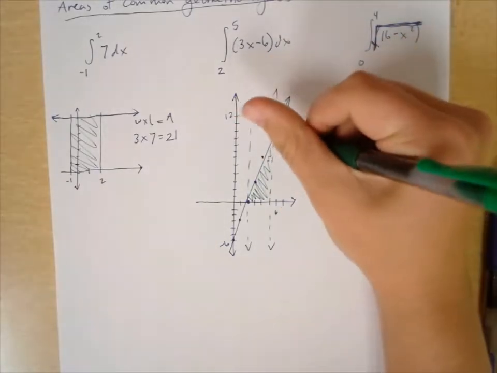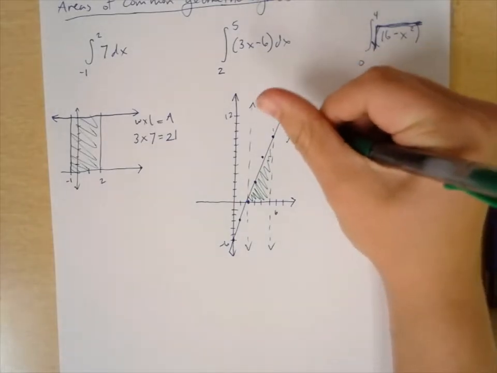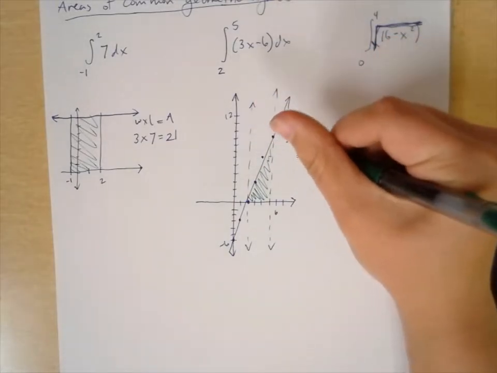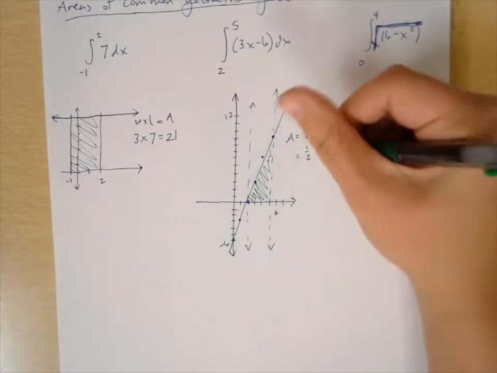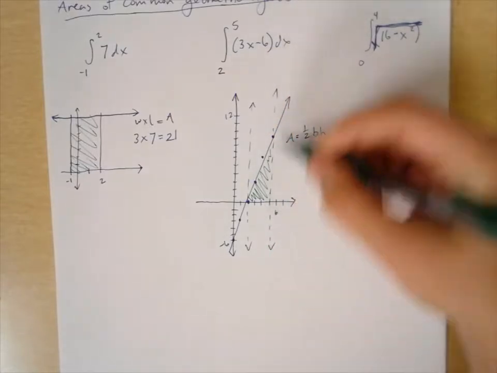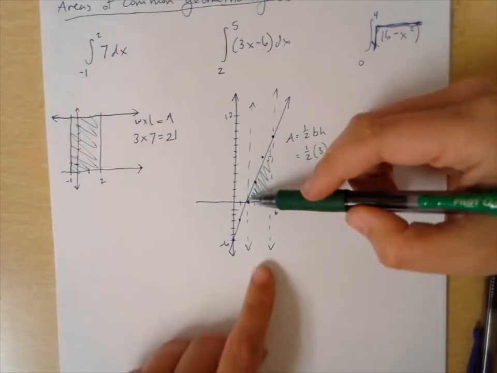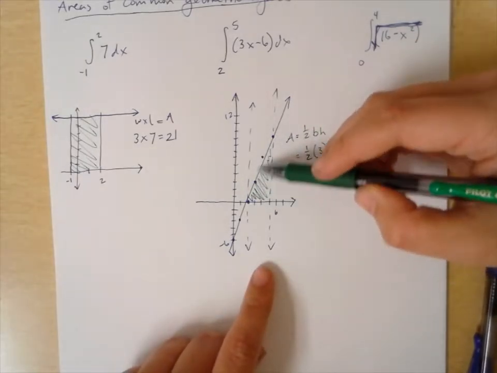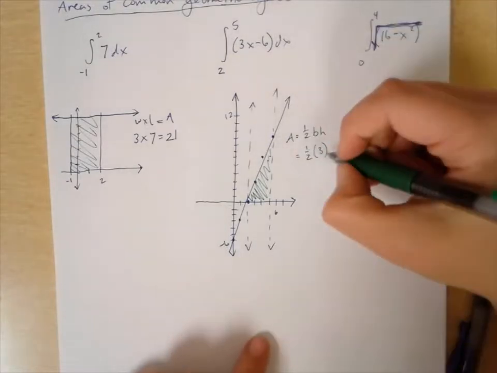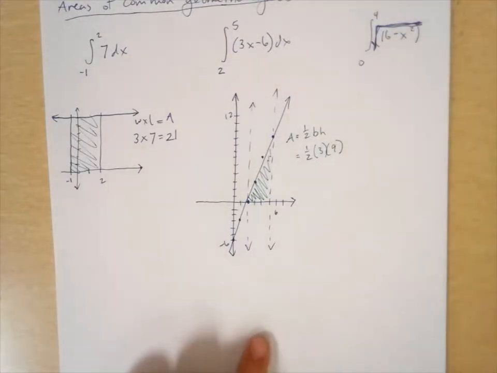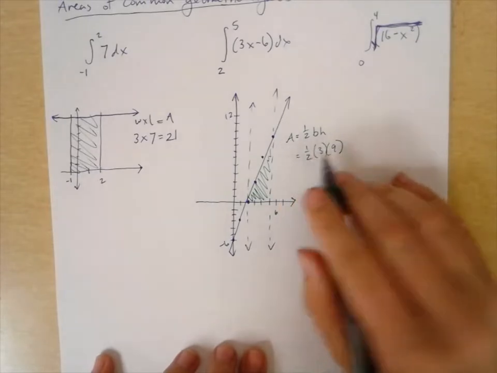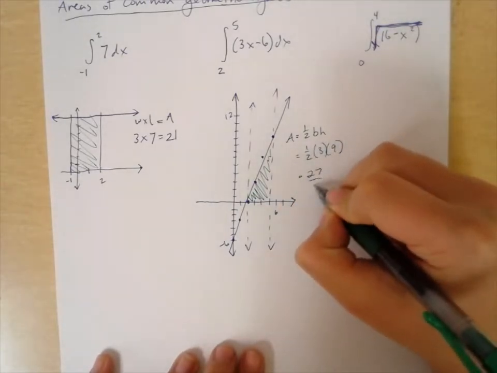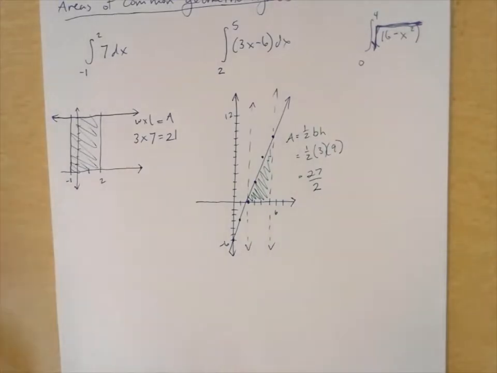I can recall that the area of a triangle is 1/2 the base times the height. So in our case, that's 1/2 times the base, which is 3, and the height is, remember we went up 3 for every one of these points we made, so we went up 3, 6, 9. And what we can tell from here then is that we would get 27 over 2, and that would be our area.